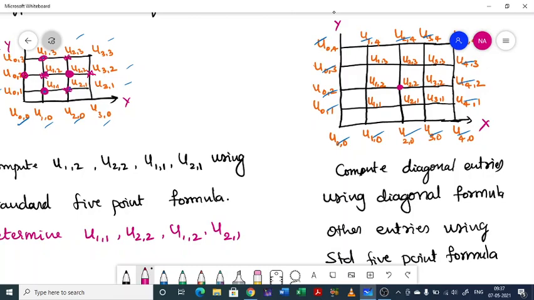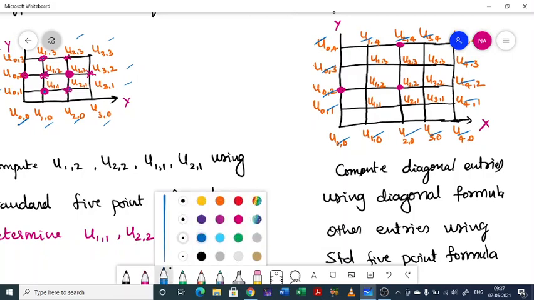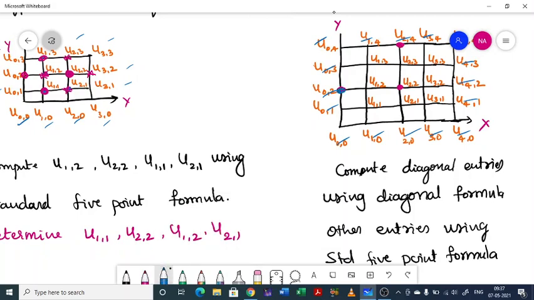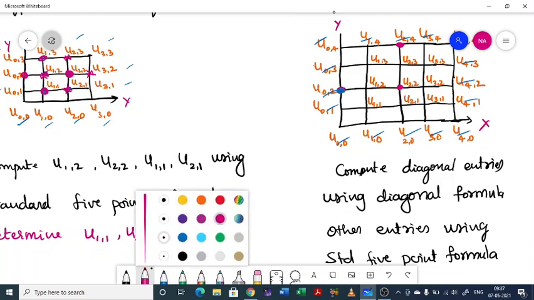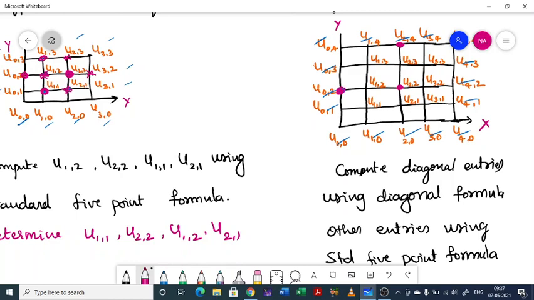To determine u2,2, you have to take the average of not the immediate neighbors, but the second neighbors: this point, this, this, and then this.